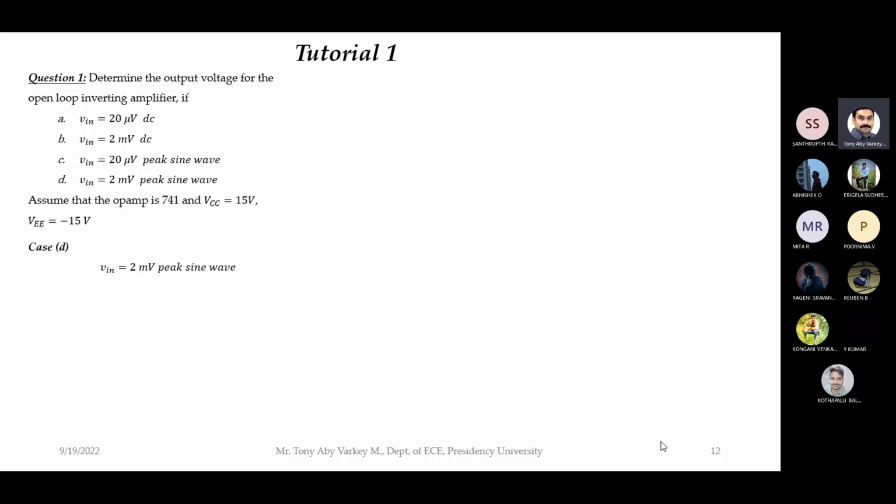So it will be 2 into 10 power minus 3 sine omega t, correct? Peak value is 2 into 10 power minus 3, that is 2 millivolt. So V in can be written as 2 into 10 power minus 3 sine omega t.